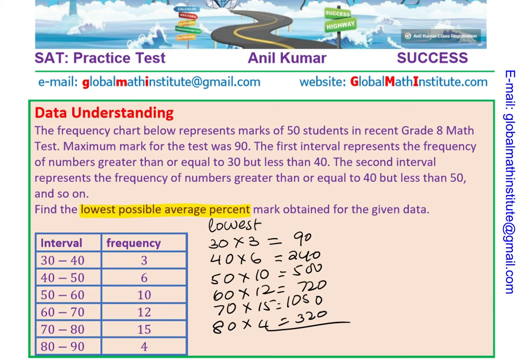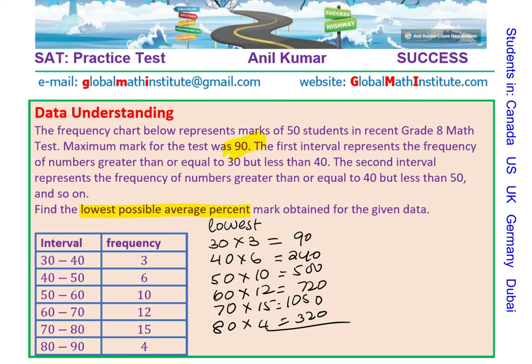We are now looking for the lowest possible average percent. What do you understand by average percent? Average percent means you calculate the average, and the percent is out of 90 in this case because the maximum marks are 90, not 100.